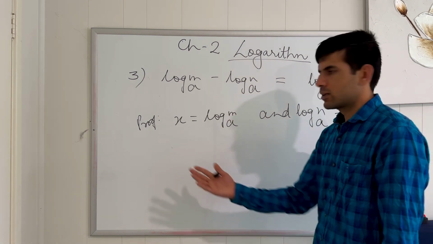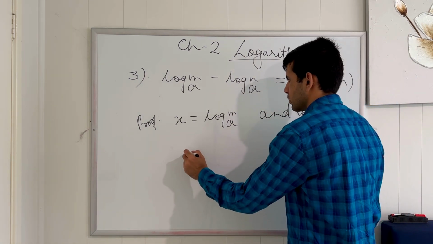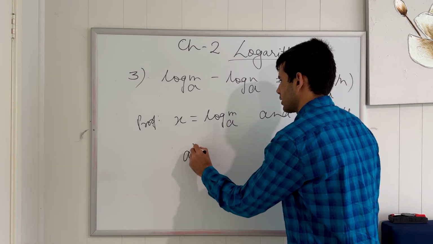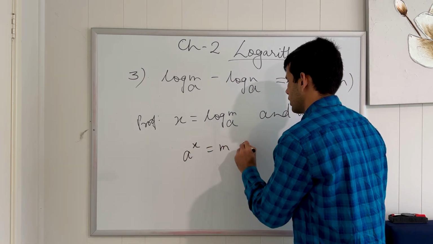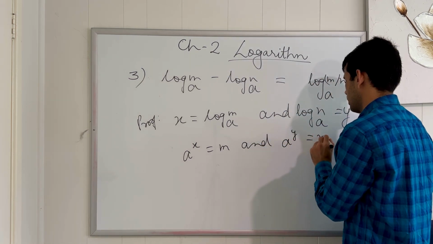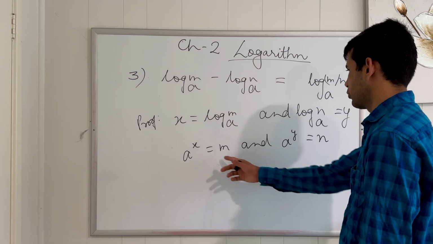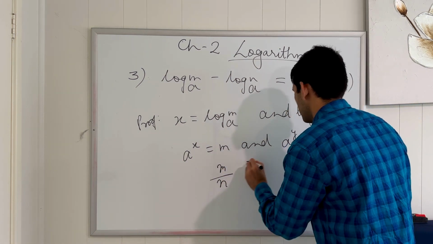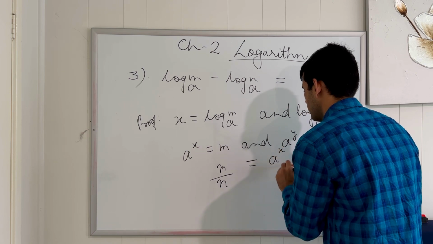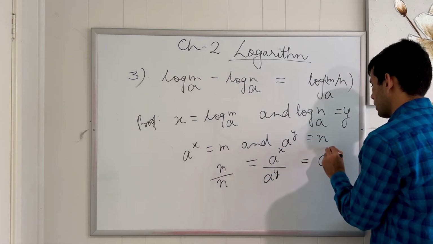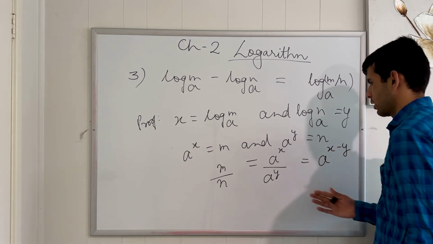And same thing, you get a to the power x is equal to m, and a to the power y equals n. And now if you just divide them, m divided by n, you get a to the power x divided by a to the power y, which is equal to a to the power x minus y. Correct?